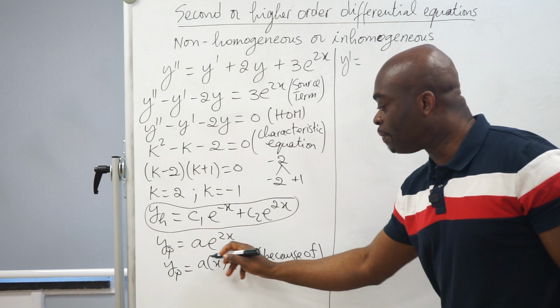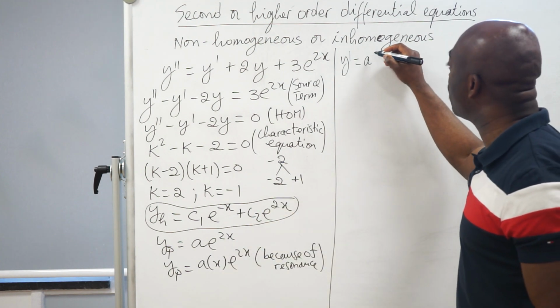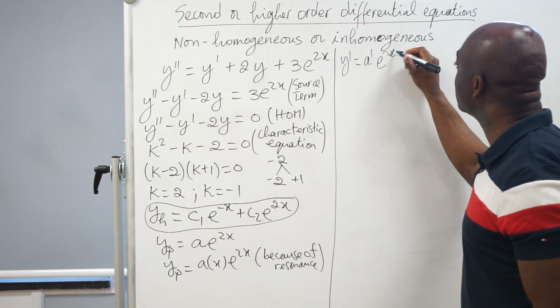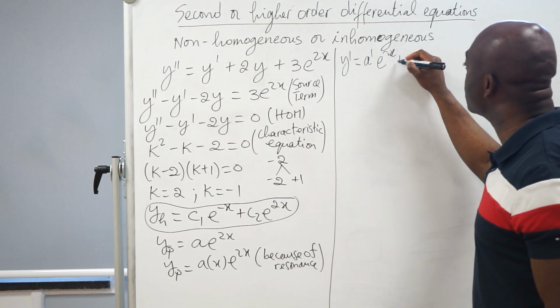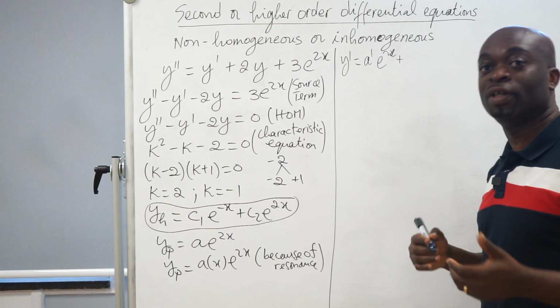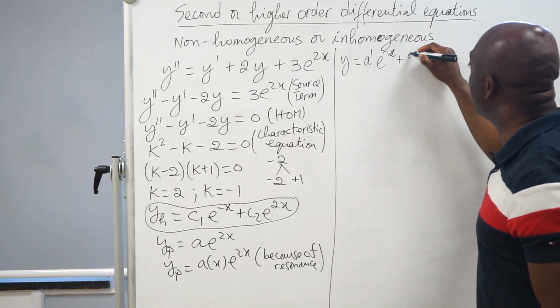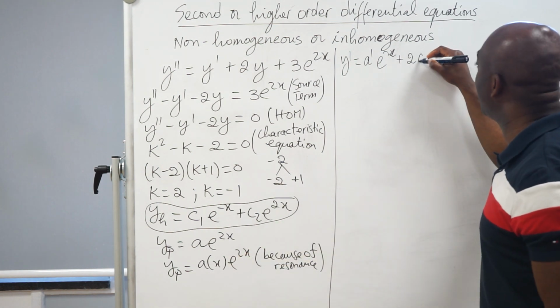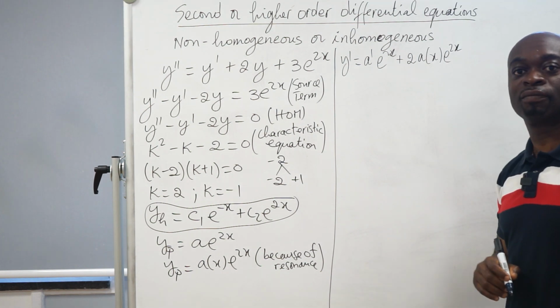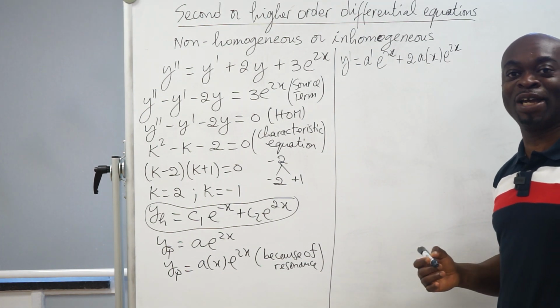The f prime is going to give us a prime times exponential 2x, plus the derivative of exponential 2x, which is 2 exponential 2x, multiplied by a of x, so exponential 2x. That's how we do that. Are we good so far?